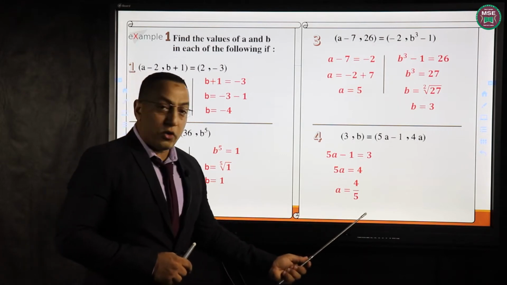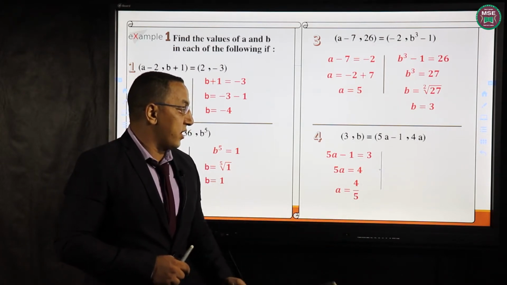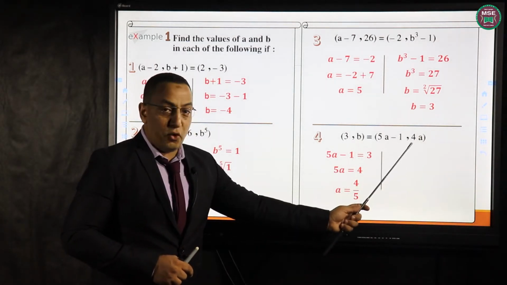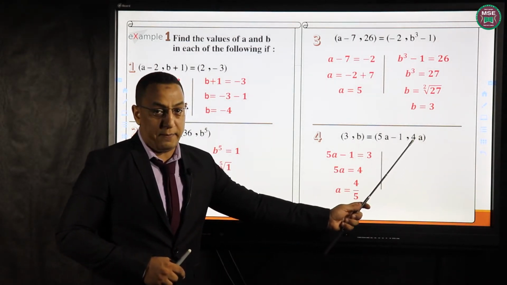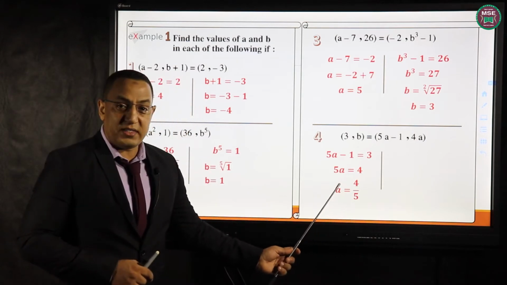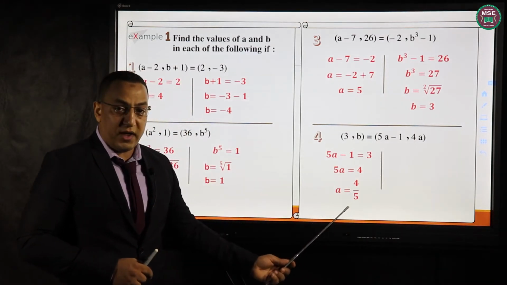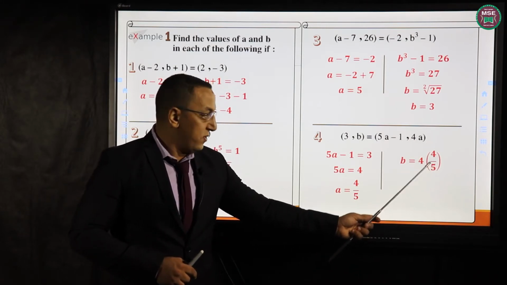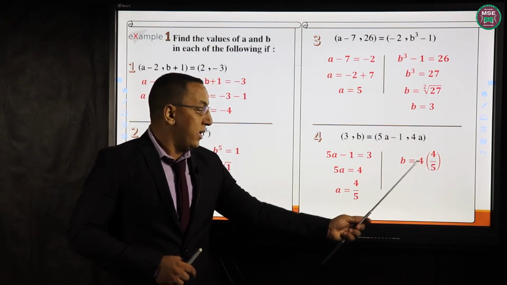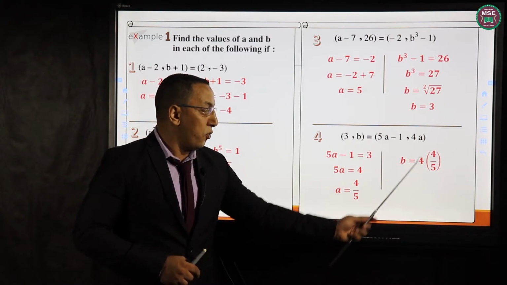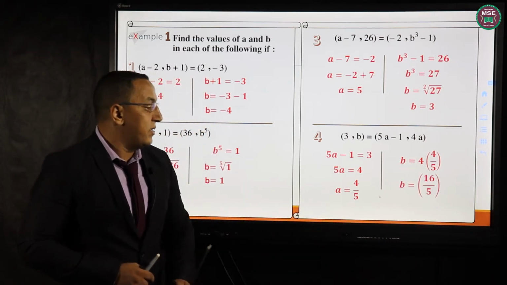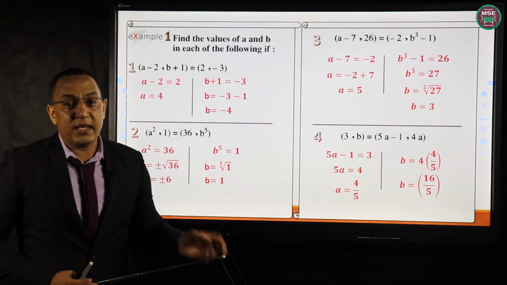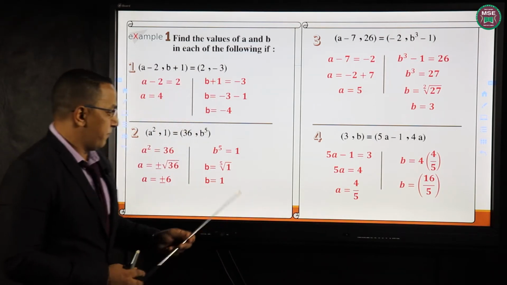So a equals 4/5. Finally, on the other side, we have b equals 4a, or 4 times a. From the first equation, a equals 4/5, so b equals 4 times 4/5, which equals 16/5. Now let's study the meaning of the Cartesian product.